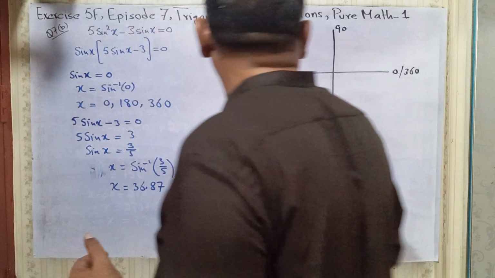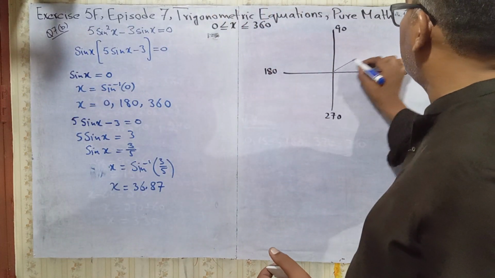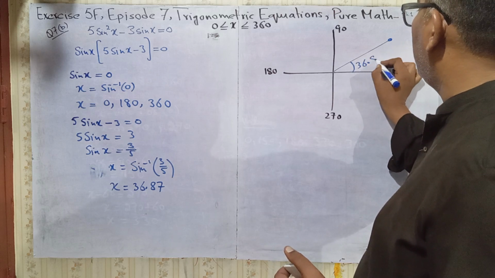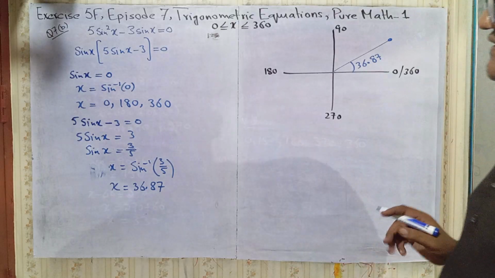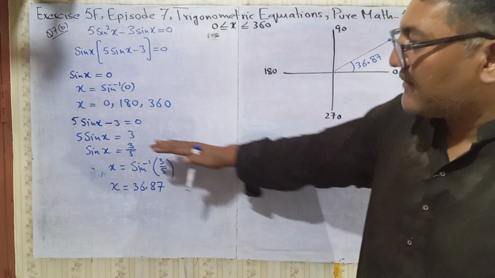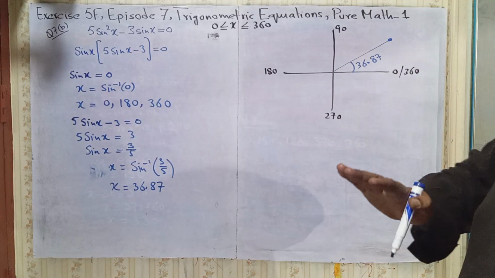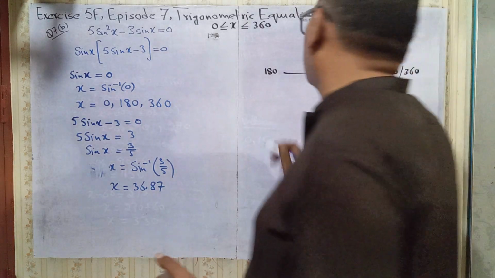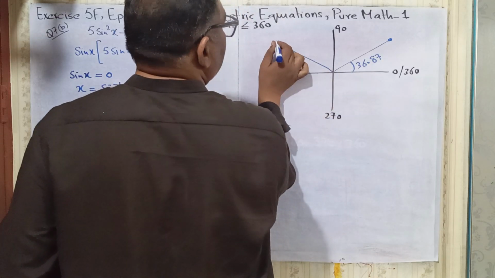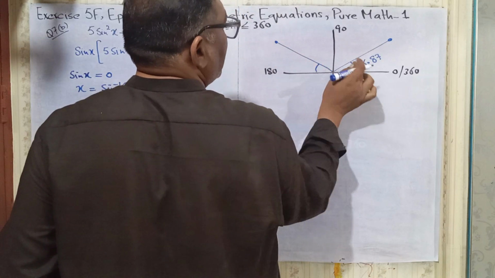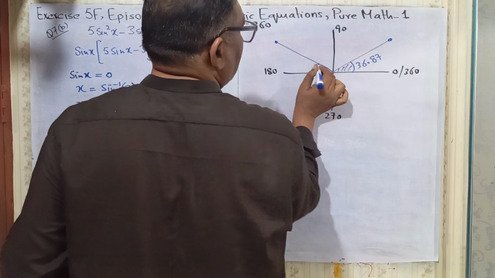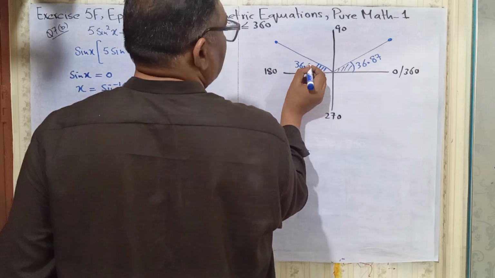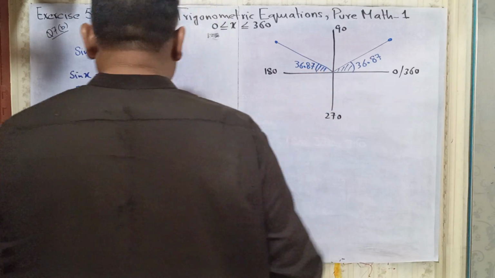So this is the base angle, 36.87. The sine is positive at two places: in the first quadrant, and it is also positive in the second quadrant. So I will also take this angle here. The base angle will also be the same angle here, 36.87.